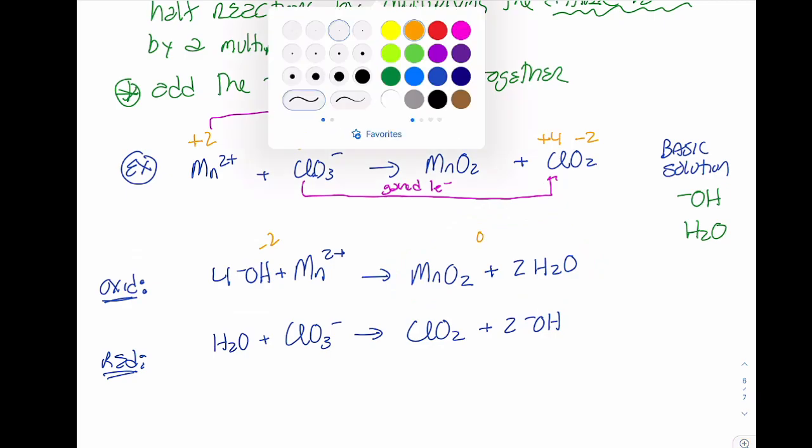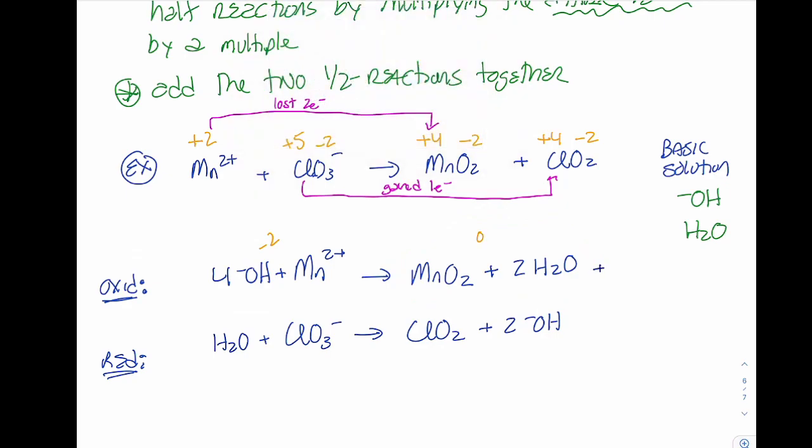To get those charges equal, I'm going to add 2 electrons to my product side. I now have a -2 net charge on both sides of that reaction. And this makes sense, right? If I'm being oxidized, I'm losing electrons. Electrons are something I'm giving off, right? It's a product, and they're on the product side.